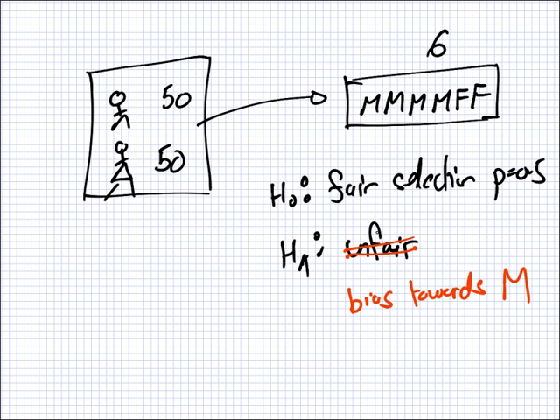But if I said the teacher is fair versus has favoritism, that's different to the teacher is fair versus has favoritism towards boys. In the first case, I'm not saying which way the teacher is showing favoritism. If you look at it, it's kind of obvious, but I'm not specifying that. In the second case, I am.